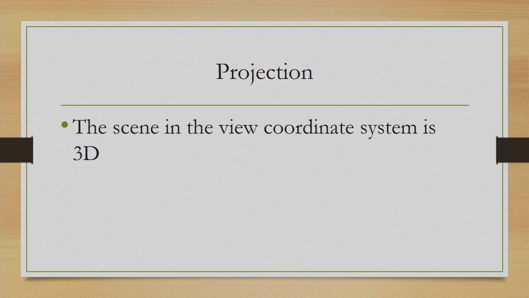However, when we discussed transforming the world coordinate scene to a view coordinate scene, that was still a 3D description. So, the scene that was transformed to the view coordinate system was still a 3-dimensional scene.